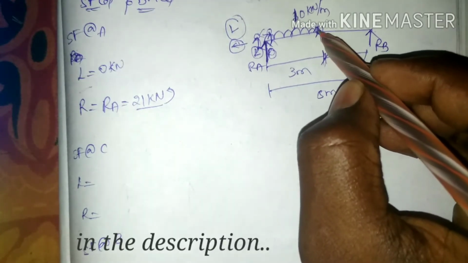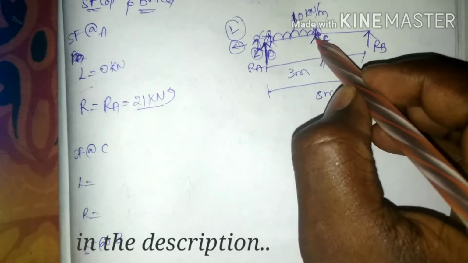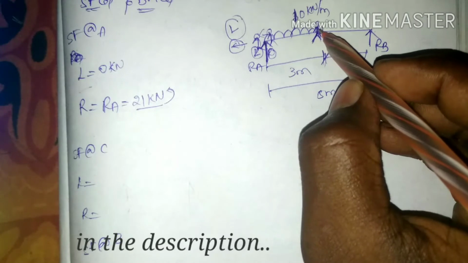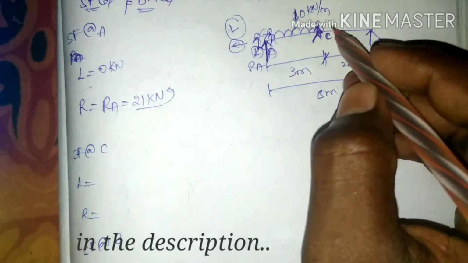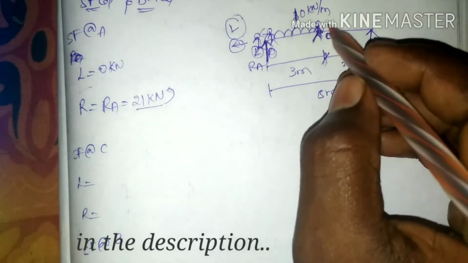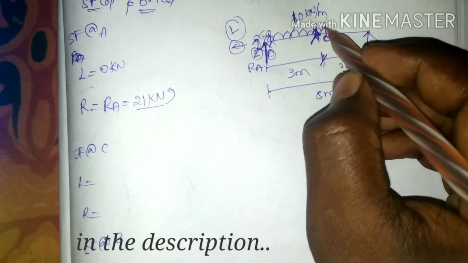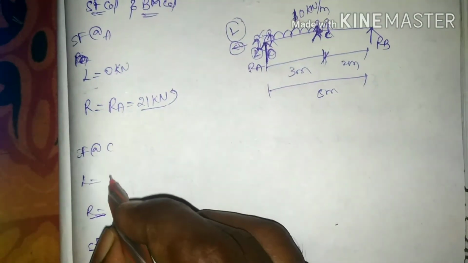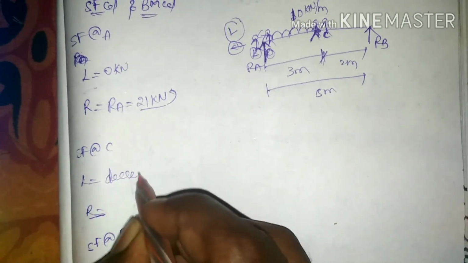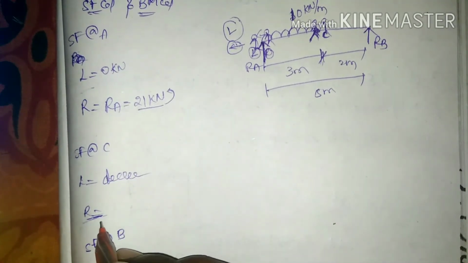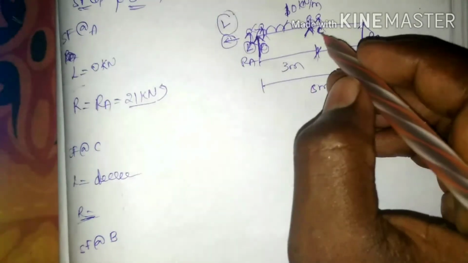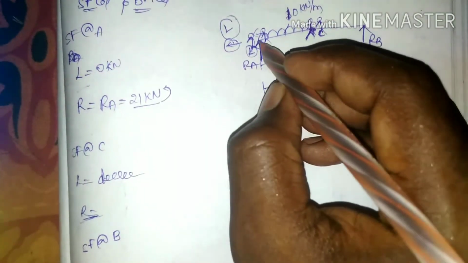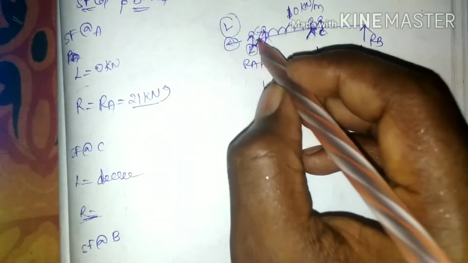If I stand just left of C, the value will not be known. When I stand just right of C, the value will be decreased. When I stand just right of C, here I am going to find a reaction RA that is in the upward direction.